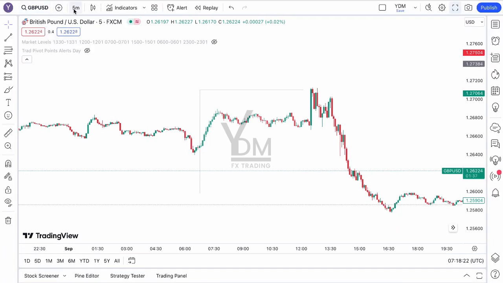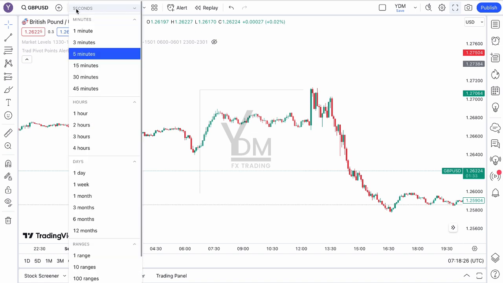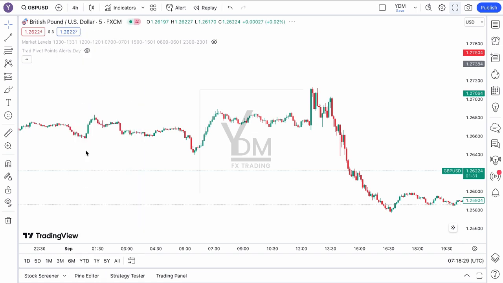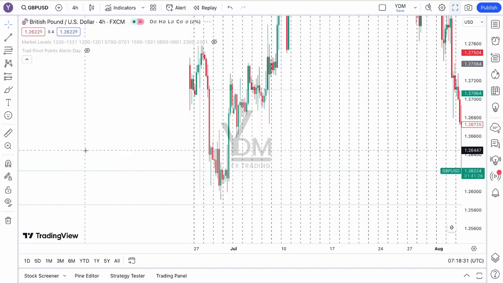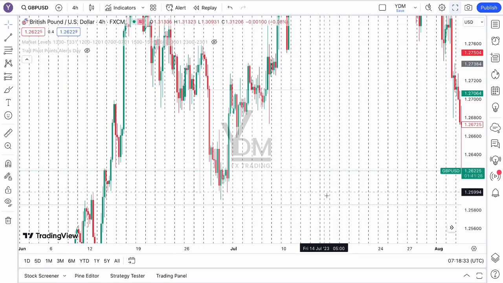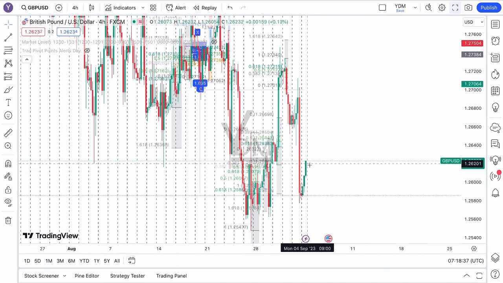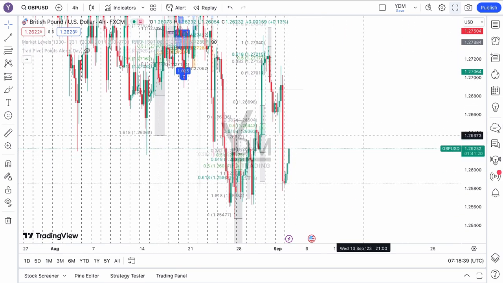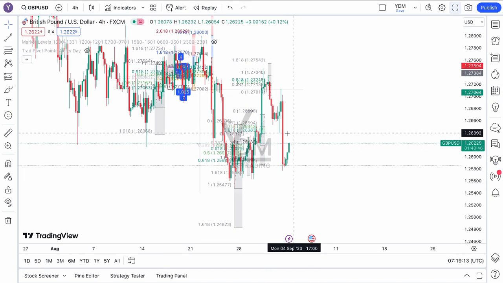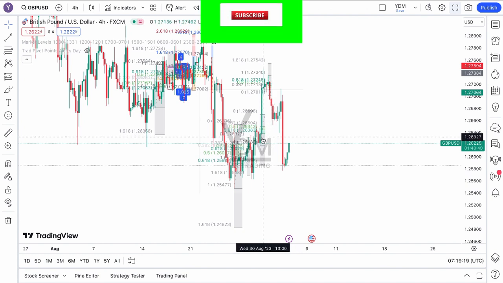The first thing you do here is to switch to the 4-hour time frame to know the market's direction, and this is something you can do within the space of a few minutes. Within a few minutes, you already know the direction of the trend of the market. This was on Friday, this was Thursday, this was Wednesday.